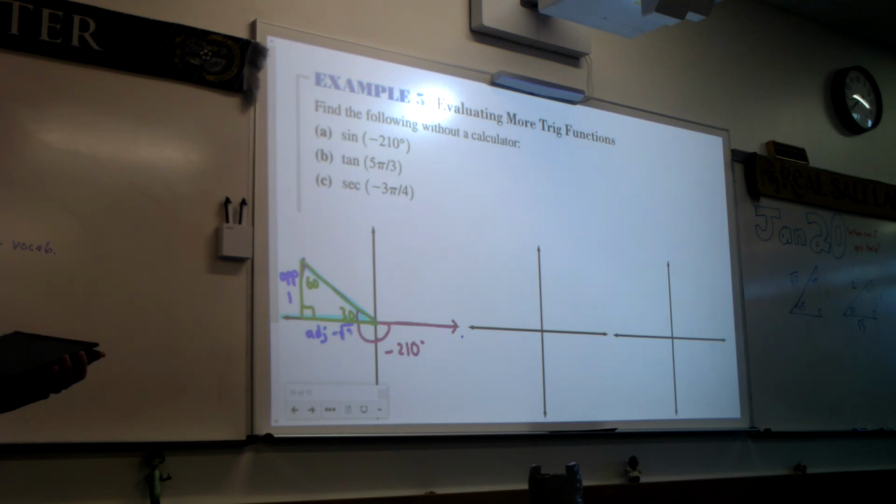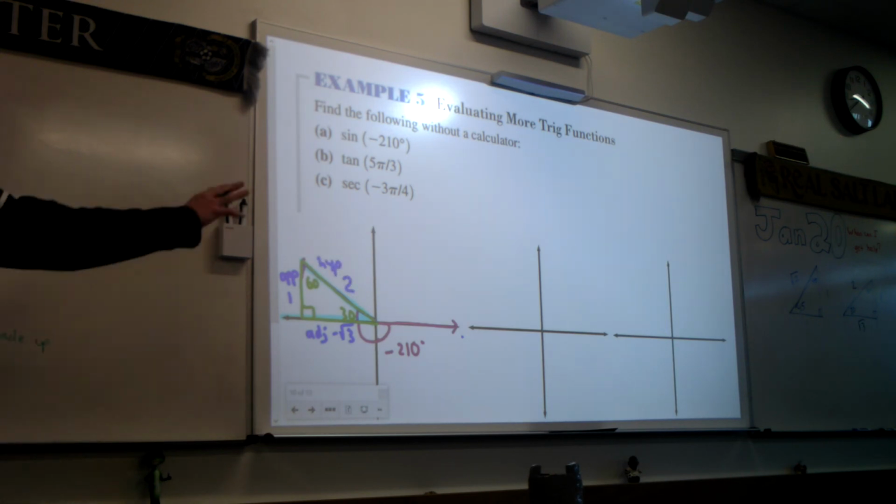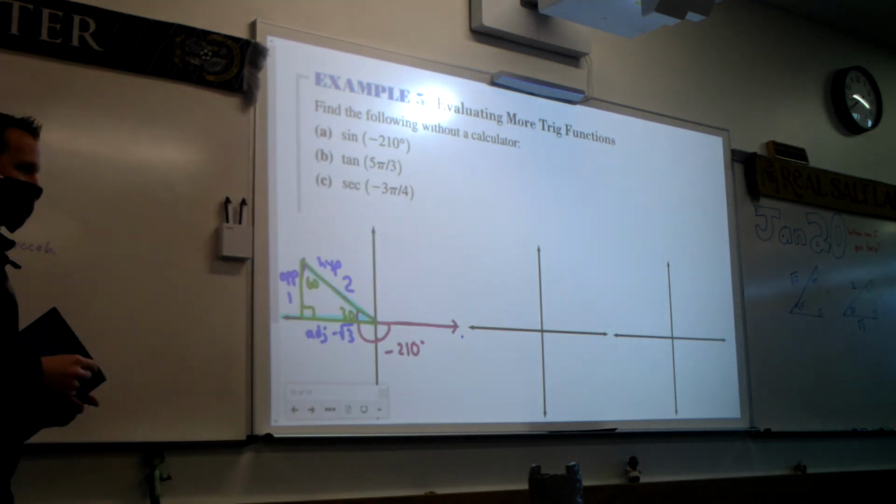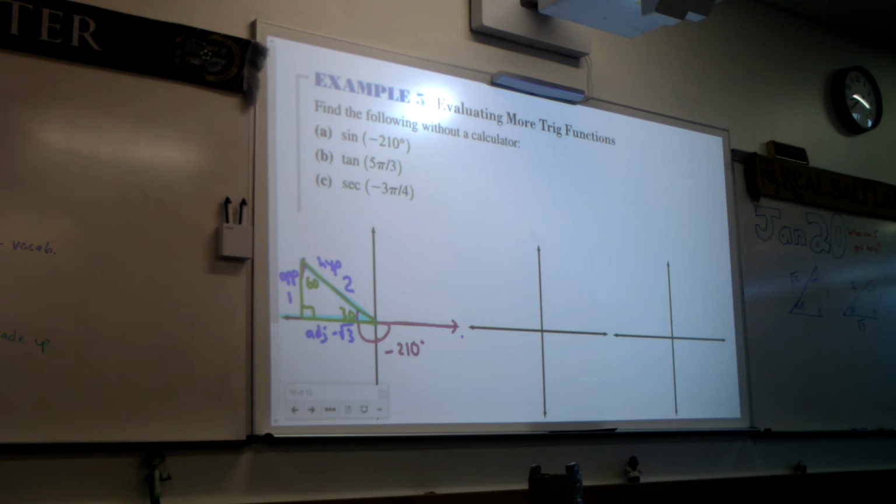Good job. So we make that one negative. Awesome. And then the hypotenuse is 2. Always positive. Okay, so great. It's the same side lengths that we saw, except now the x one is negative because we're into the second quadrant. X is negative, but y is positive.